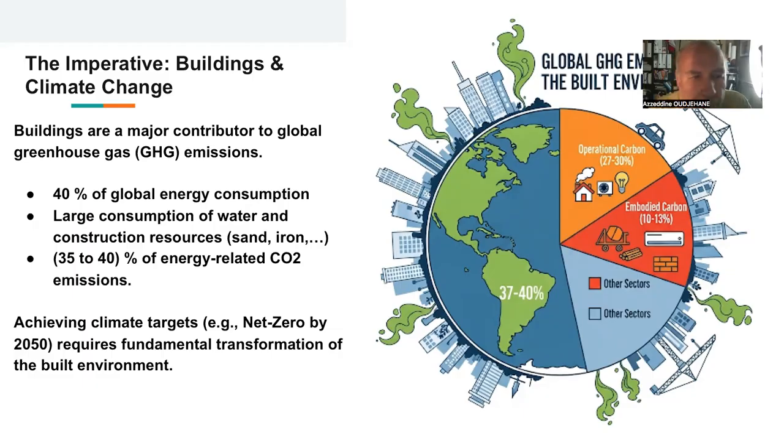But more importantly, the built environment uses a lot of resources, construction material, and water. So how can we achieve climate change mitigation and carbon net zero by 2050? The solution is green building practices for new buildings, and green building practices to retrofit and upgrade the existing building stock.